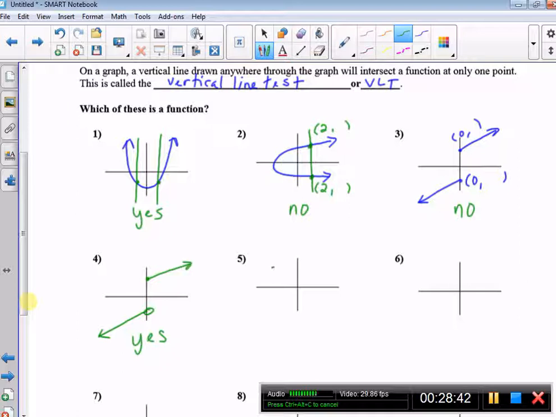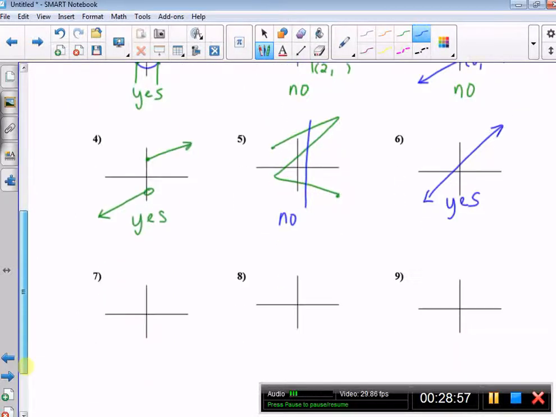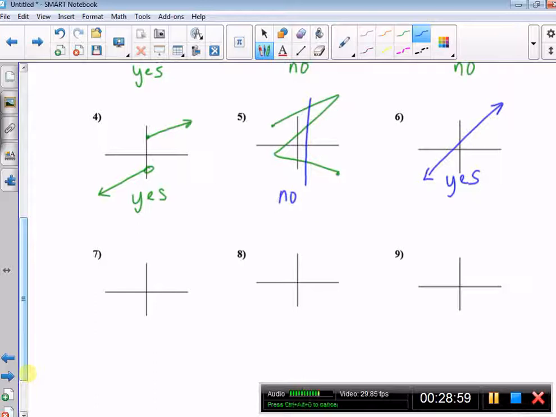If you take just some sort of crazy graph like that, that is not going to pass that vertical line test. If you take a line, that passes the vertical line test. If you take a vertical line, no, that does not pass. Every single one of those x coordinates repeat.